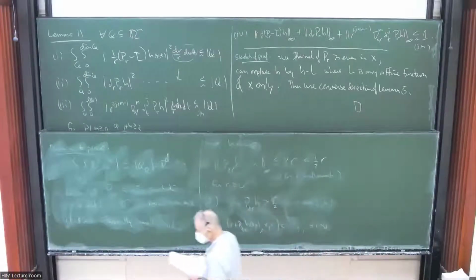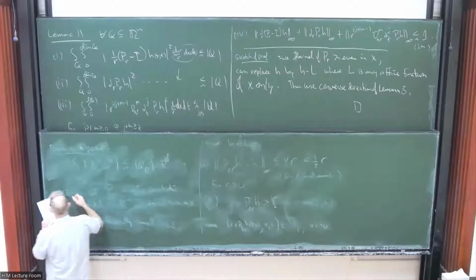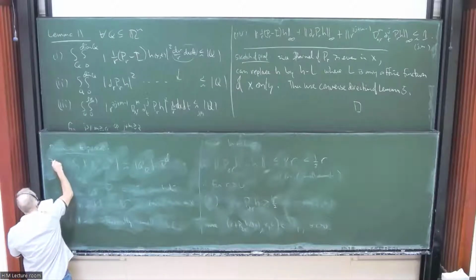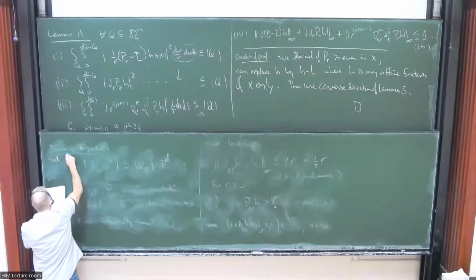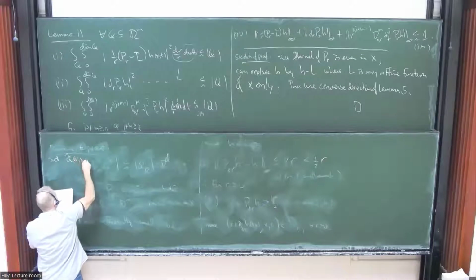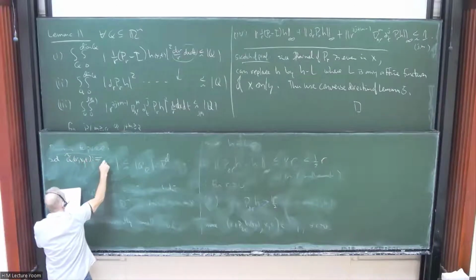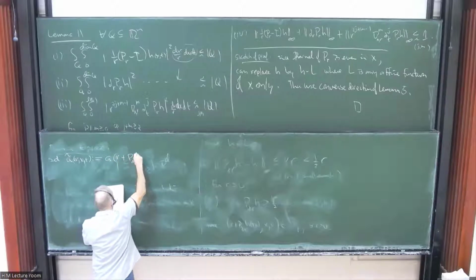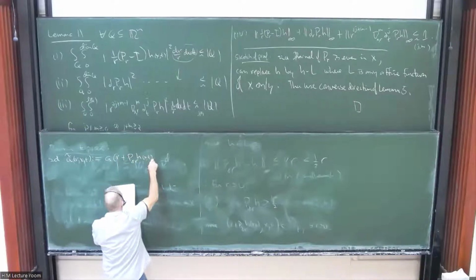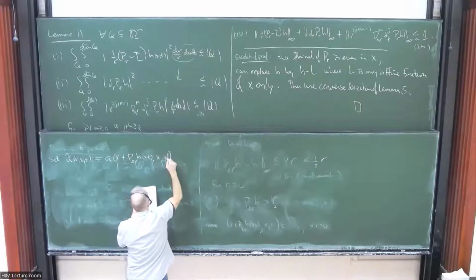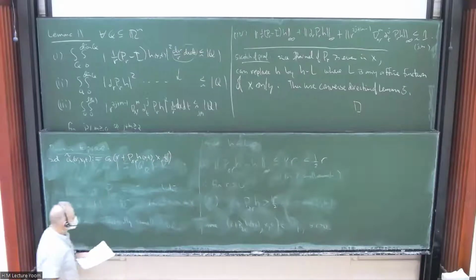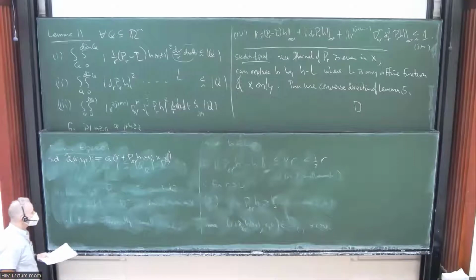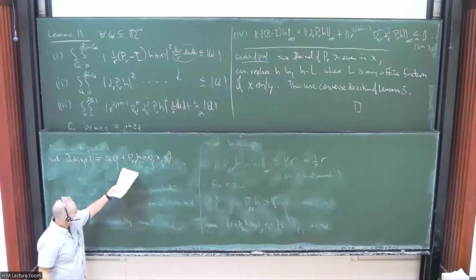All right, next lemma. Well, first a definition. I'm going to set A tilde of R, x, t to be A of R plus P gamma R H of x, t. By the way, maybe I should make a historical comment.